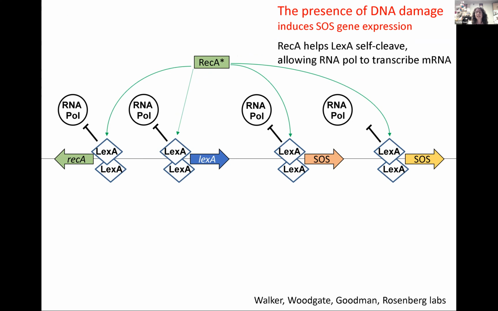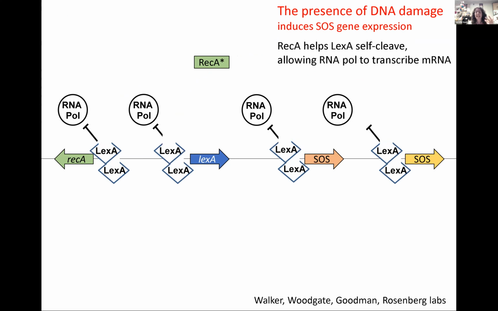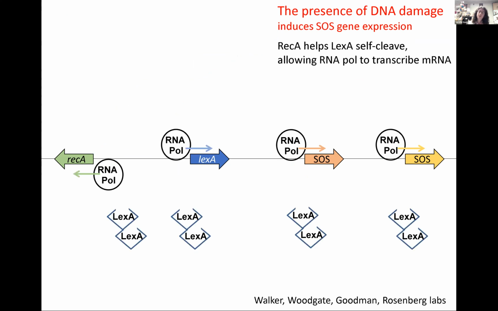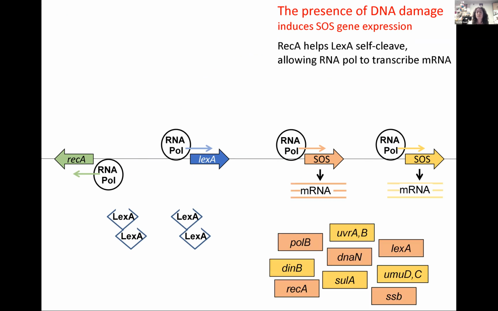It binds to LexA, and it helps LexA carry out a cleavage event on itself. And when LexA has been cleaved, it dissociates from the promoters, and we're able to get transcription of mRNA, and then we can get gene products translated from that mRNA.